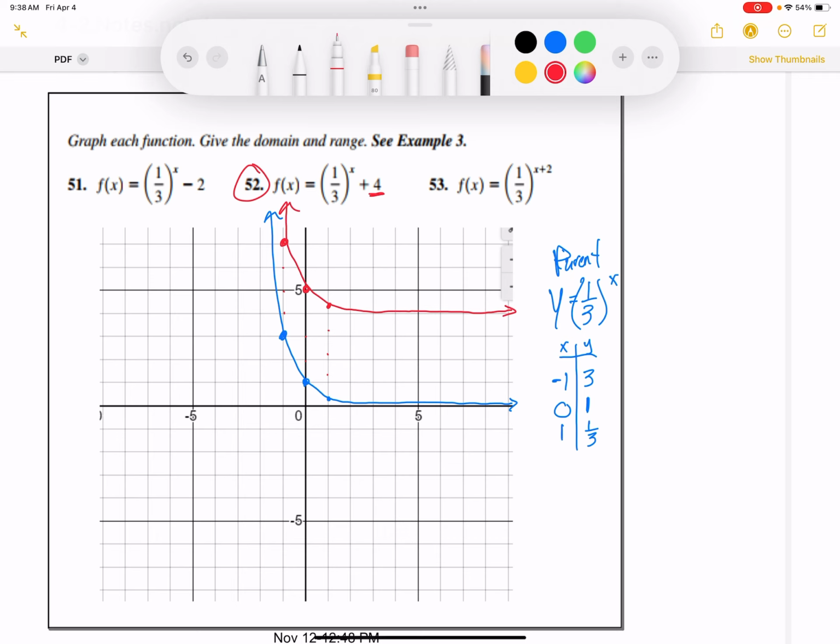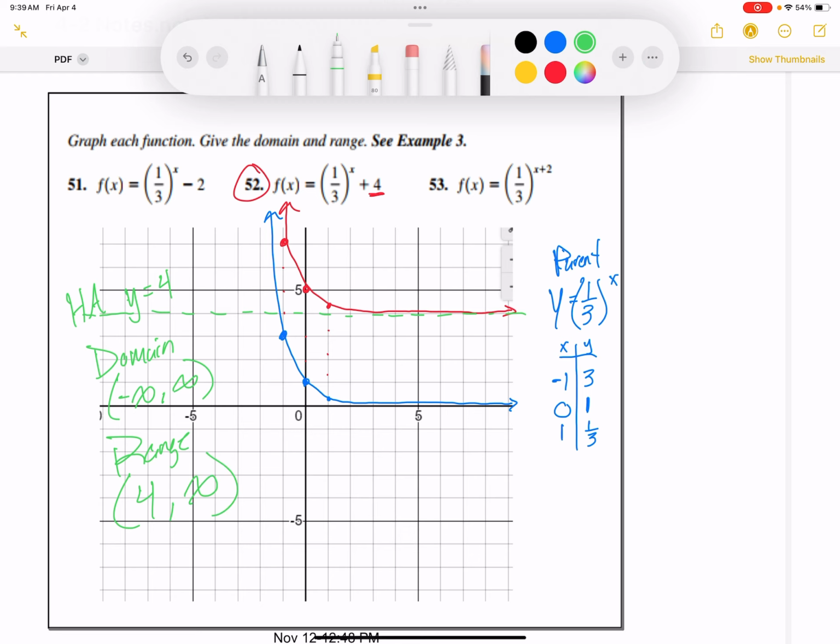Now the horizontal asymptote at y = 4. So domain and range. Domain is for all real numbers, from -infinity to infinity. Range is from 4 to infinity, right?